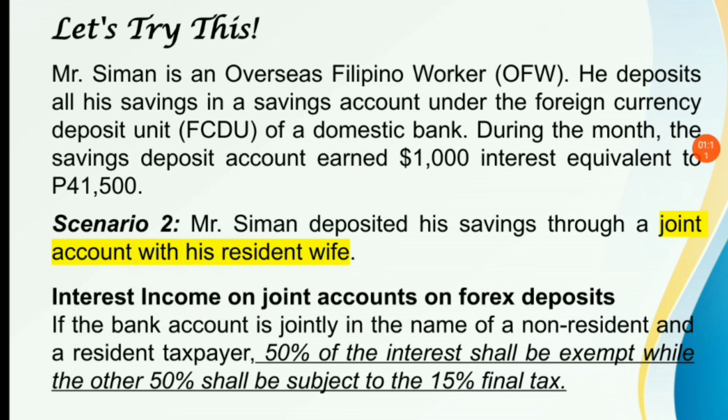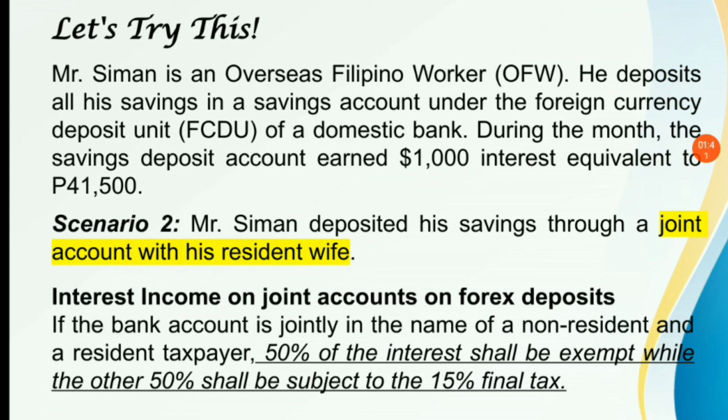Then it says that the share of the non-resident citizen, or any non-resident, is exempt. So who is the non-resident here? Obviously, Mr. Seaman, because he is an OFW. When we say OFW, he is working abroad. He is not here in the Philippines. So his share is exempt from the final tax.